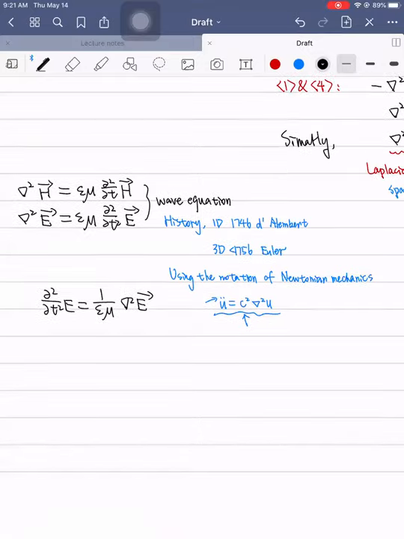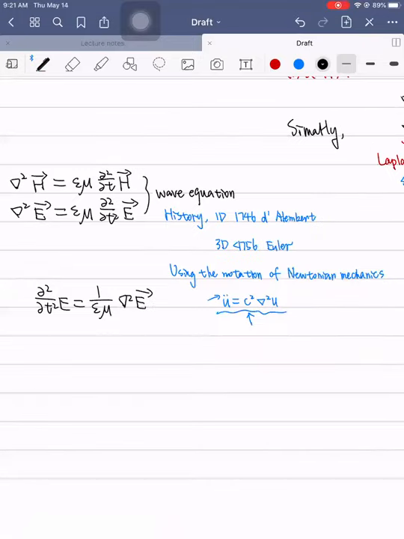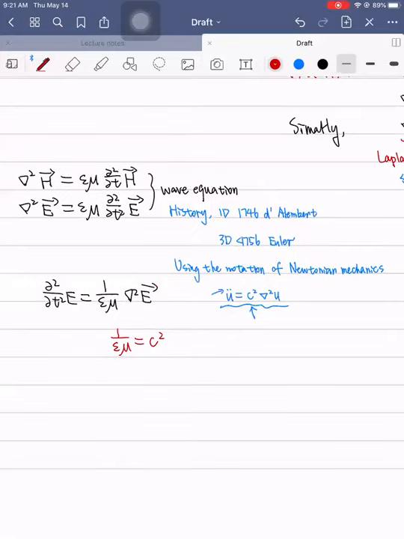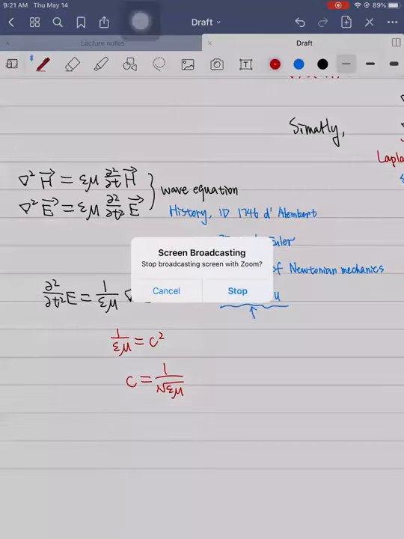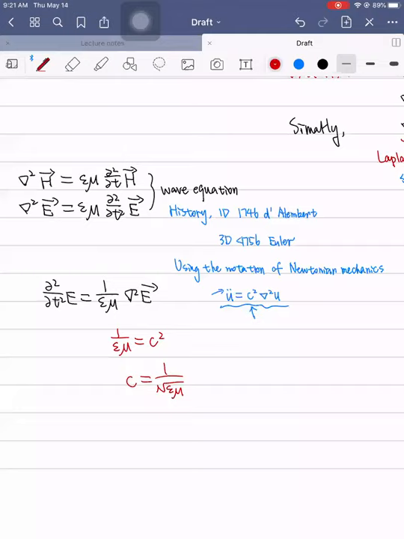okay, now their expressions are unified. So compare these two, we will find this. Oh, hi. Do you have any question? Oh, okay.